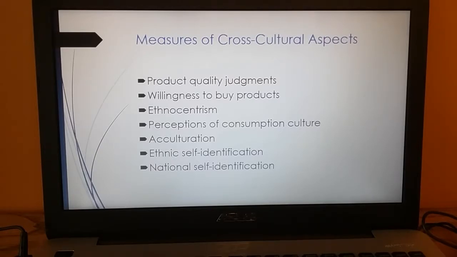Perceptions of the culture, like acculturation, is this idea of identification with the country's culture. Do you identify with the German culture, the French culture, that kind of thing. How you self-identify ethnically and how you self-identify nationally.